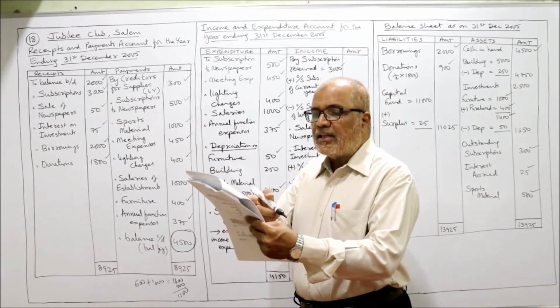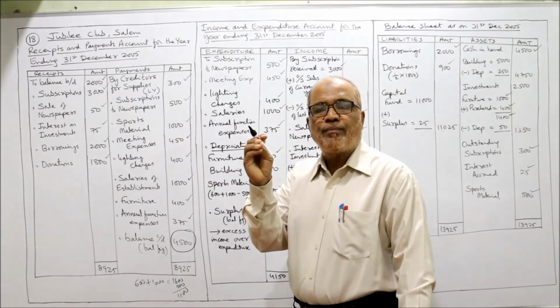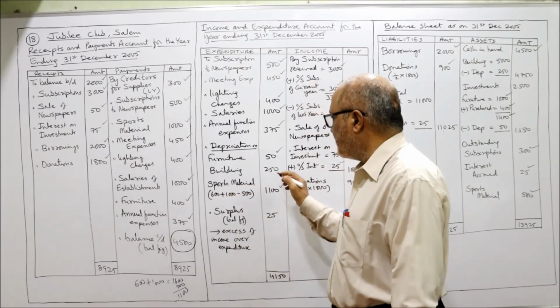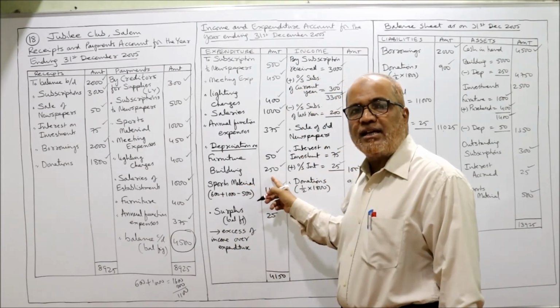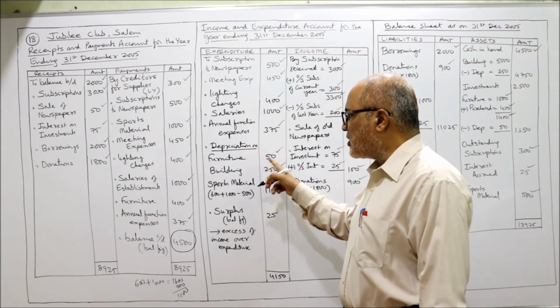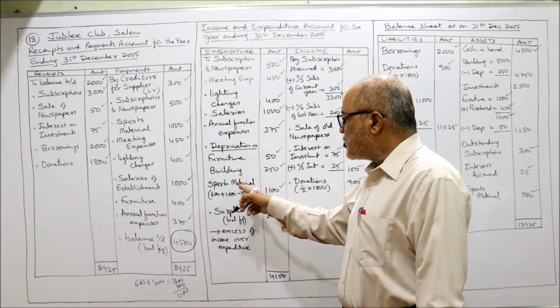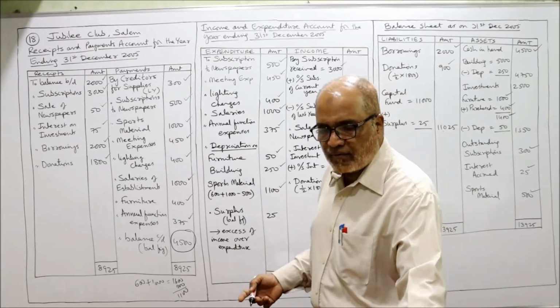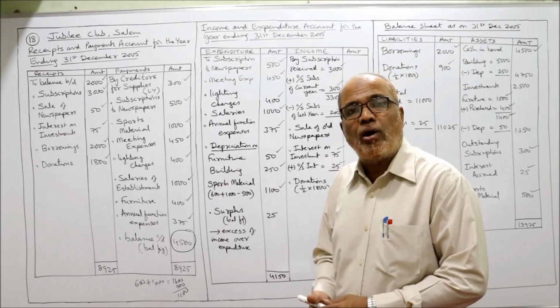What is the value of the building at the beginning of the year? It is 5000. So 5% of 5000 is 250. So this is the depreciation on furniture. This is the depreciation on building. And sports material already we have taken 1100. That's all. So we have taken all the expenditure and all the incomes.